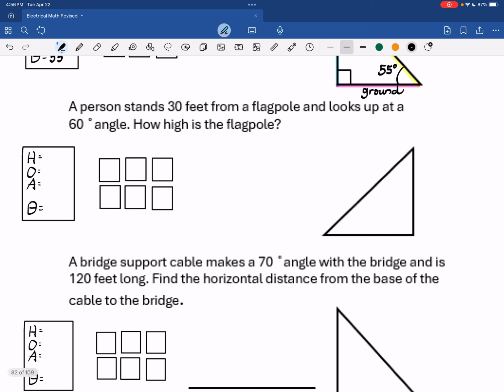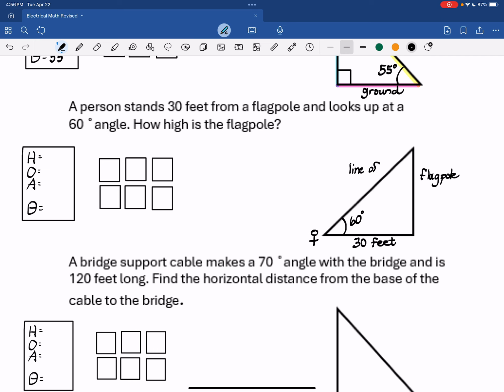A person stands 30 feet from a flagpole. So here is the flagpole. The person is over here. And they tell us that this dimension is 30 feet. And looks up at a 60-degree angle. So I call this line of sight.